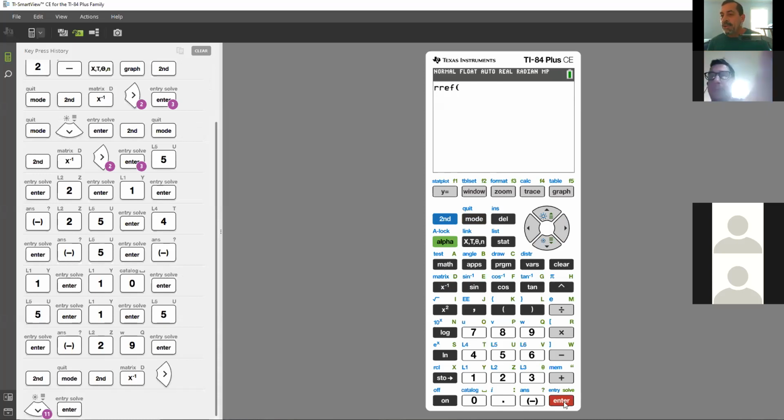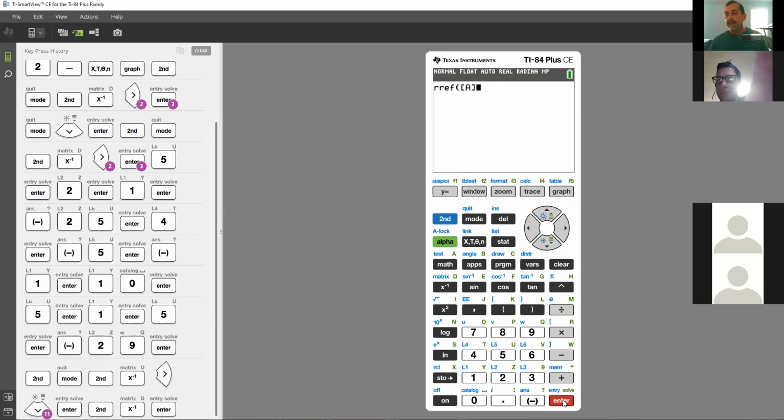So it's going to reduce your matrix, but now you got to go back and get the matrix. So for the third time, you're going to hit second x negative 1. Now, since we edited this a while ago, that's my 3 by 4. I'm just going to hit enter. And if you always use A, you'll just hit enter on that and it'll pop it in.